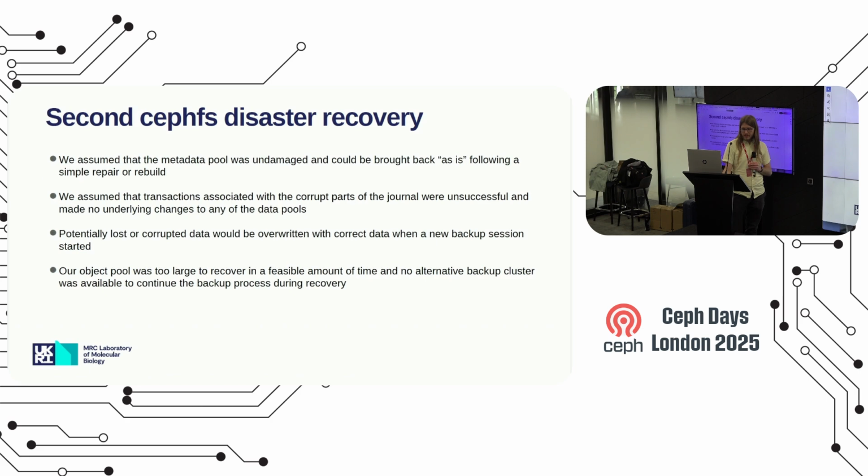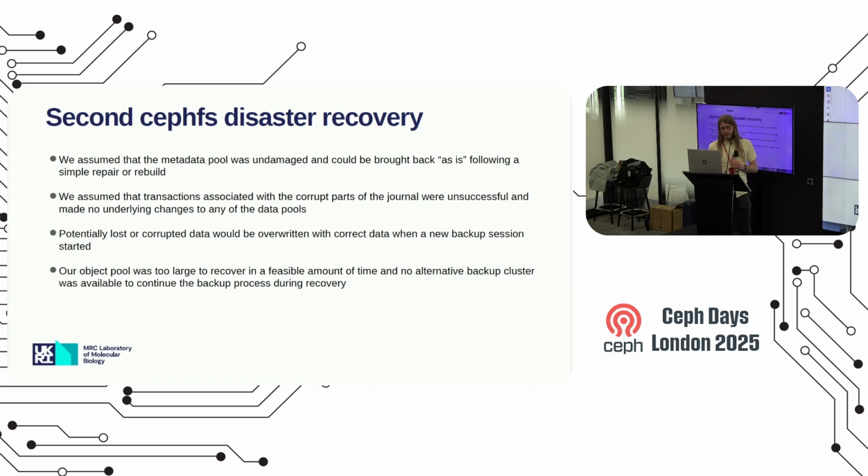Firstly, we assumed that our metadata pool was fine and that no transactions associated with the corrupt parts of the journal which we couldn't recover had any meaningful impact and alteration to that metadata pool. So if we ignored those irrecoverable regions, that wouldn't cause there to be any actual issues with our metadata pool.